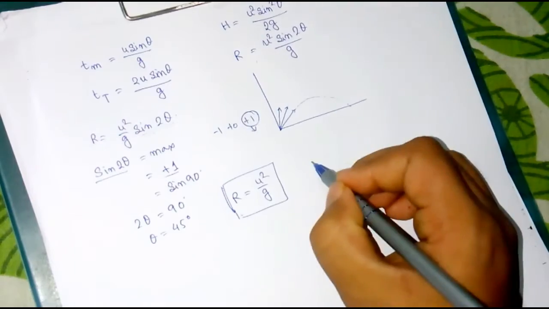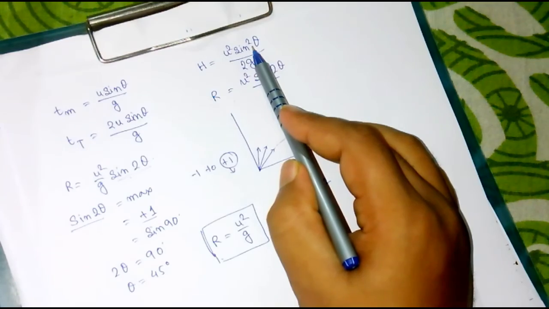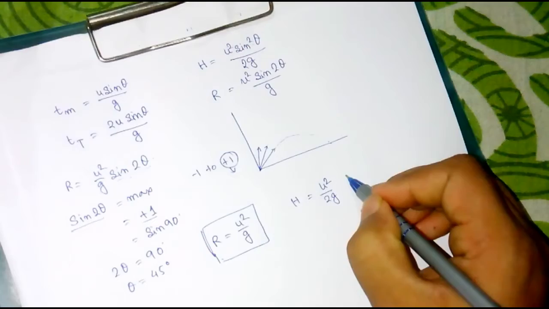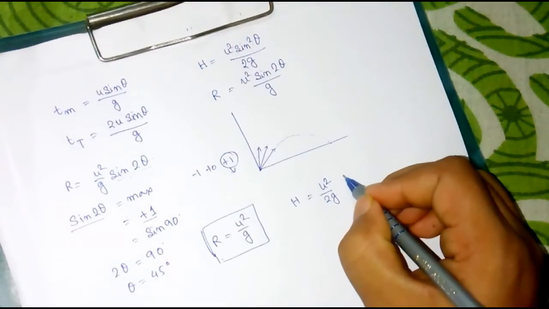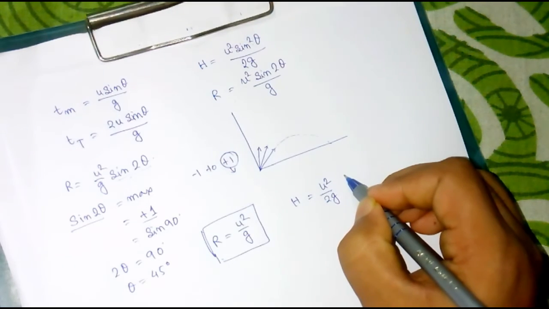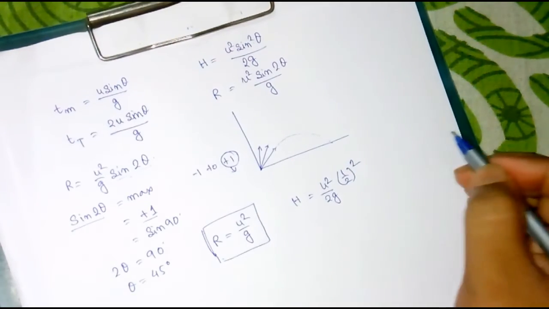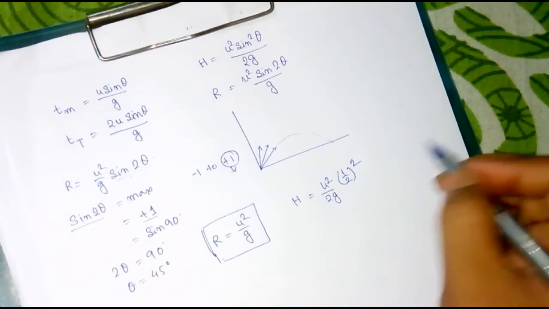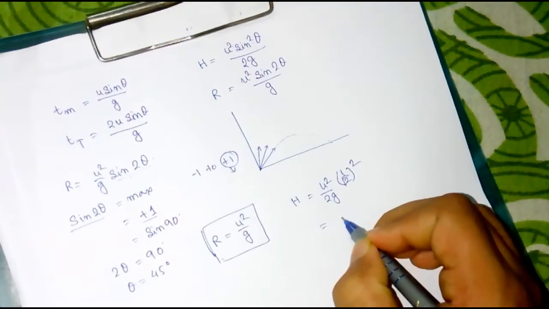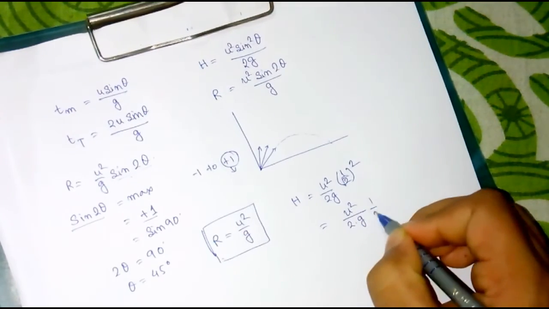And what is the height? Let's see. Height is u square sin square theta by 2g. Here if you put theta equal to 45 degrees, sin 45 degrees is 1 by root 2, so the square is 1 by 2.